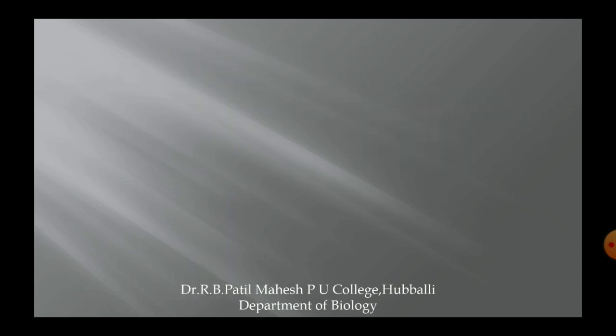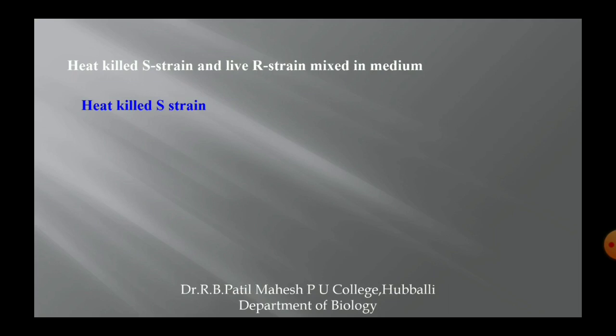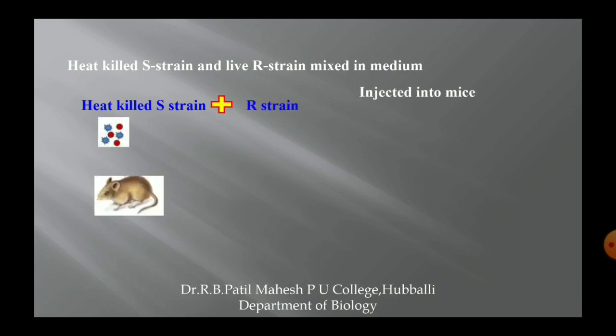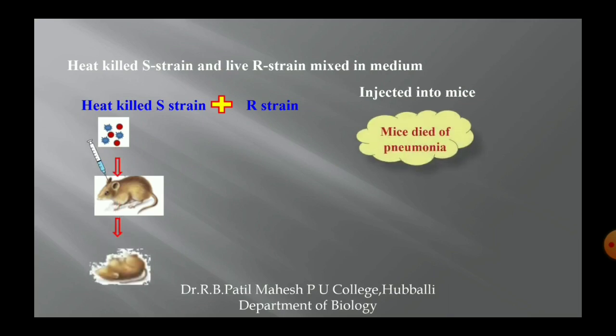In the fourth experiment, he injected heat-killed S strain and live R strain into the mice, and the mice died because of pneumonia.